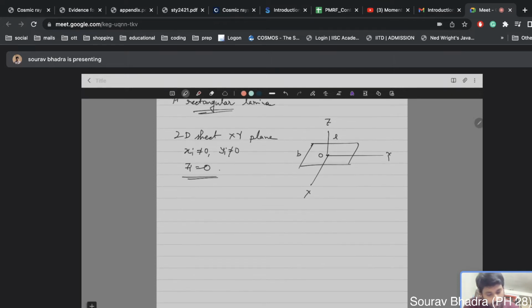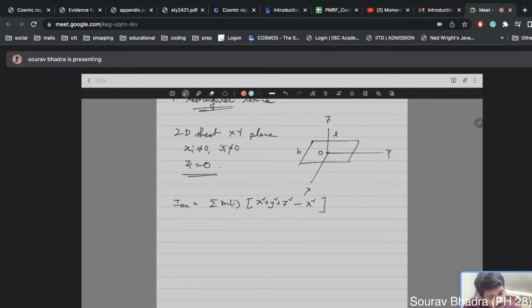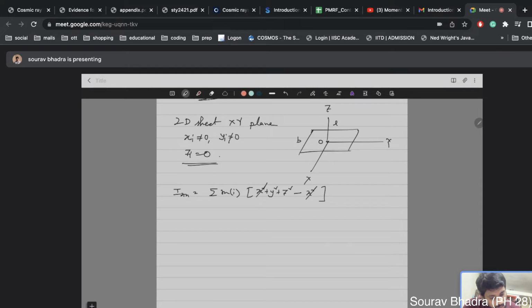So if you calculate Ixx, similarly it will give you mi times r square minus x square, that is x square plus y square plus z square minus x square. So x square will cancel out, and as all zi are 0, that will also be 0. So it is mi yi square.